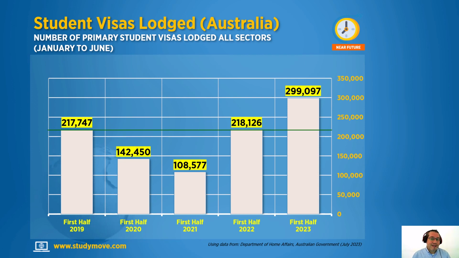But as you can see, it has been an impressive surge in the number of student visas lodged. This gives some reassurance that in the second half of 2023 we'll continue to see growth in numbers if the grant rates continue to be the same, which I don't see why they wouldn't.